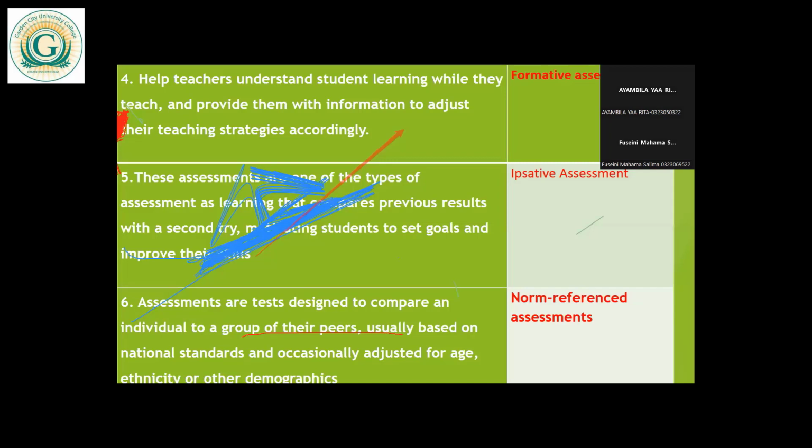So when you write the BECE exams or the WASSCE exams or the NMC exams, they compare the performance among individuals from one region to the other region, from one school to the other school. So they can grade everything based on region specific. So that one is non-reference assessment. Any assessment where we are trying to look at performance level among individuals is non-reference assessment.